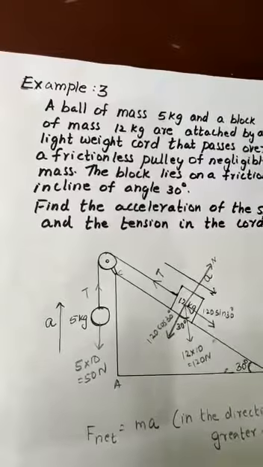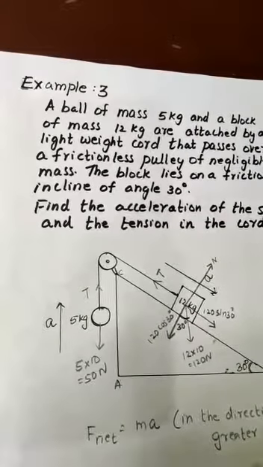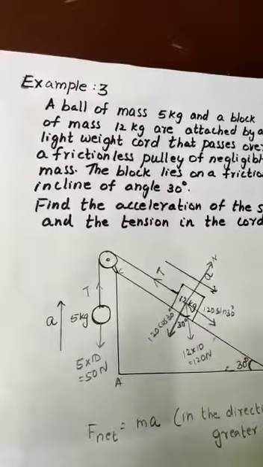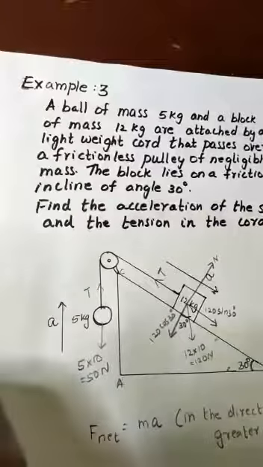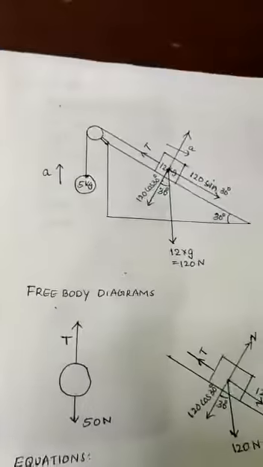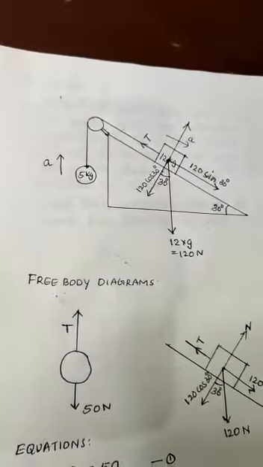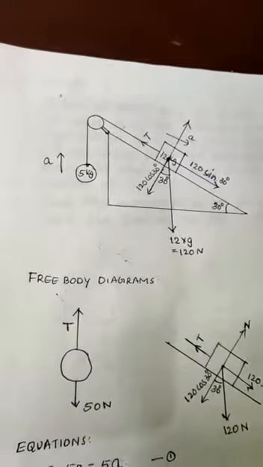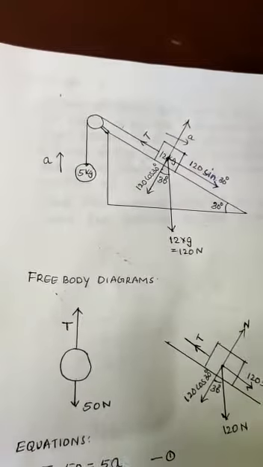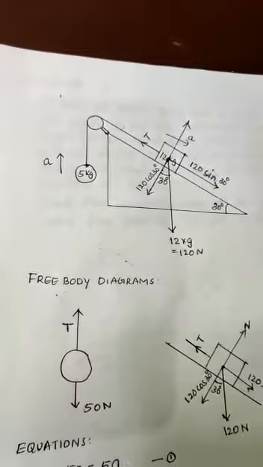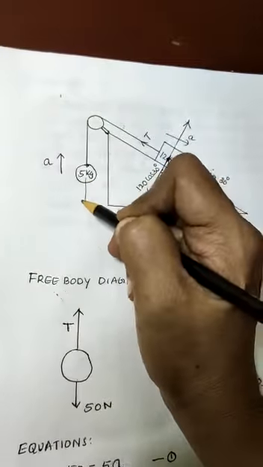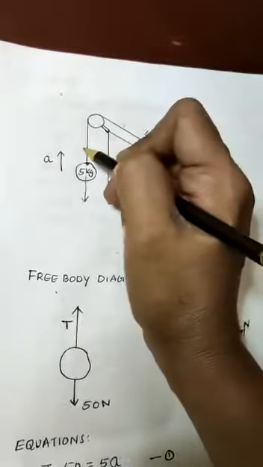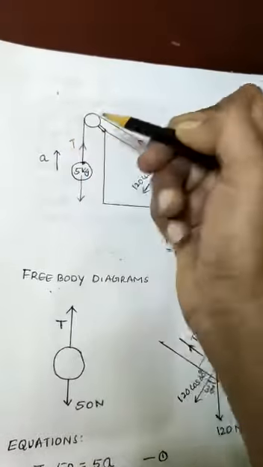Right? Let us look at a clearer picture of this to solve it, for drawing the free body diagram and the equations. So, look at the diagram here. Here, the weight is acting downwards, the tension is acting upwards.